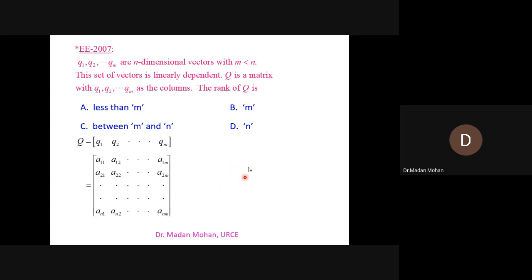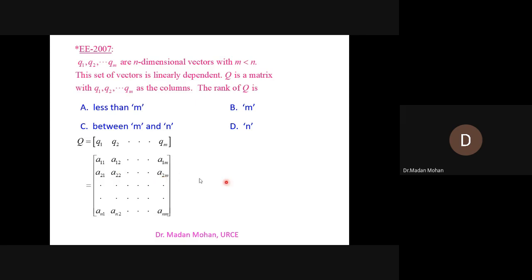What you are asked, what is the rank of this one? You have how many rows in it? Please tell me. Number of rows is n. Number of columns? m. Therefore its order is n cross m.